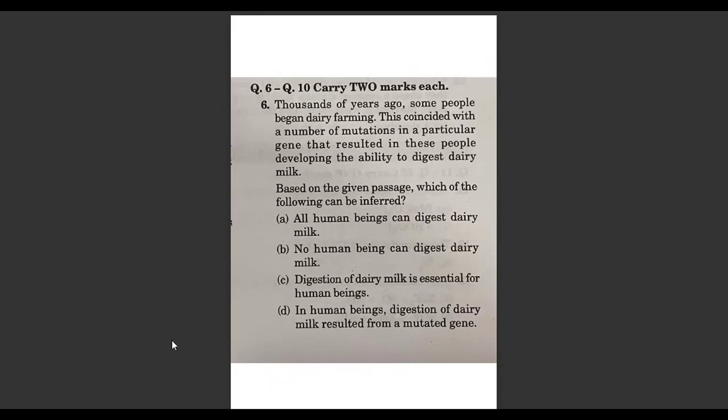Coming to question number 7. The probability of a boy or a girl being born is 1 by 2 for a family having only 3 children. What is the probability of having 2 girls and 1 boy? Let me change the color to red.